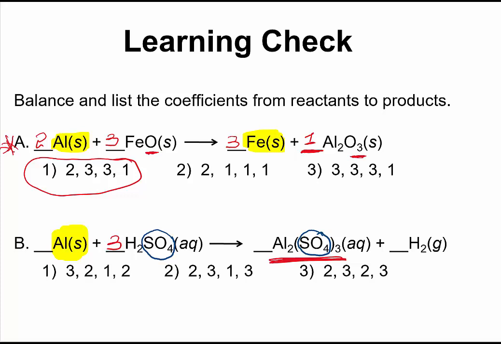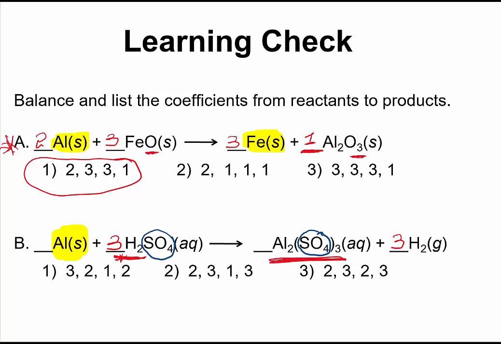Now I can begin to focus on all the other elements. By placing a 3 in front of the H2SO4, I now have 6 hydrogen on the reactant side. I need to balance it on the product side by placing a 3 as the coefficient of H2. I have now balanced SO4.